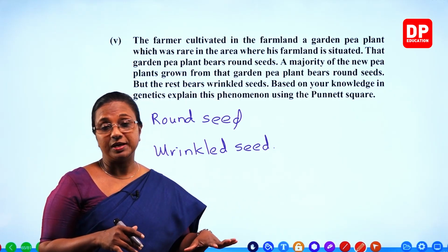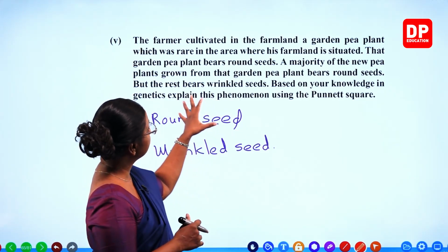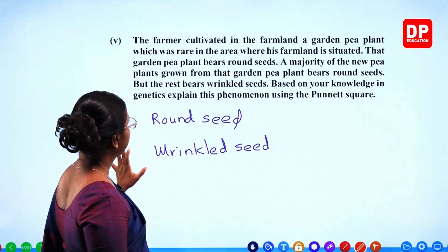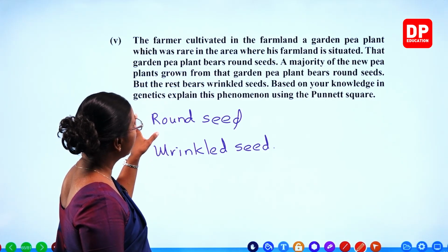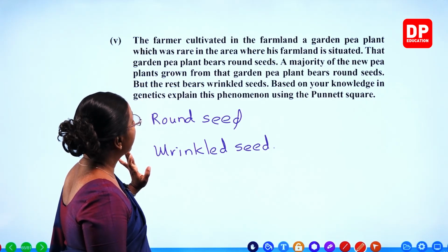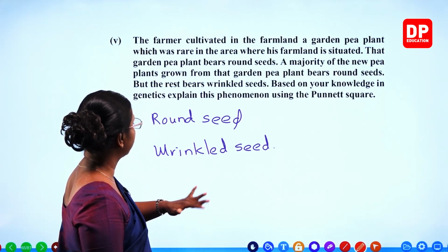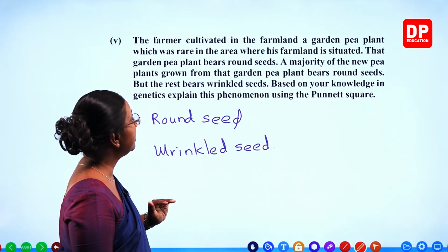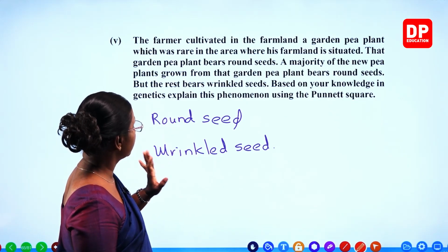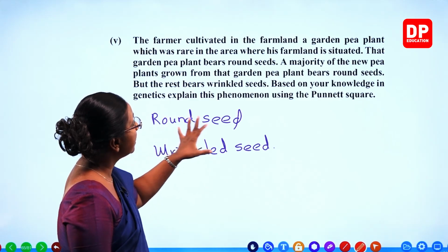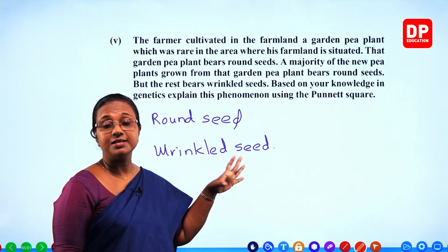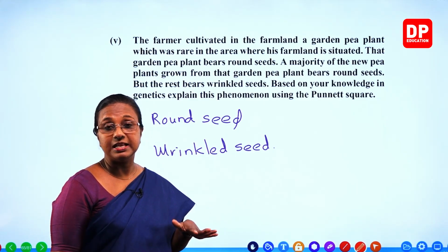So it's not common. Only a few plants in his farmland are there. And there are round seeds. All the plants he planted had round seeds. But the new generation had both round and wrinkled seeds. And that also, it is said that there are more round-seeded plants compared to the wrinkle-seeded plants.